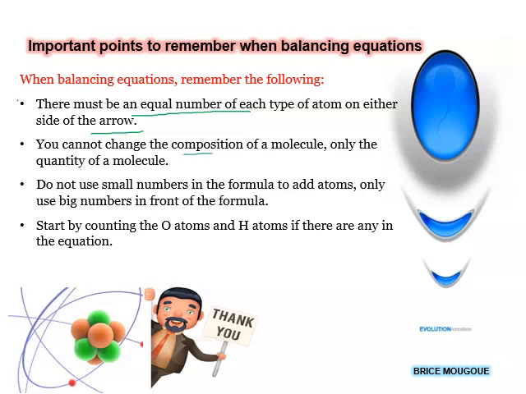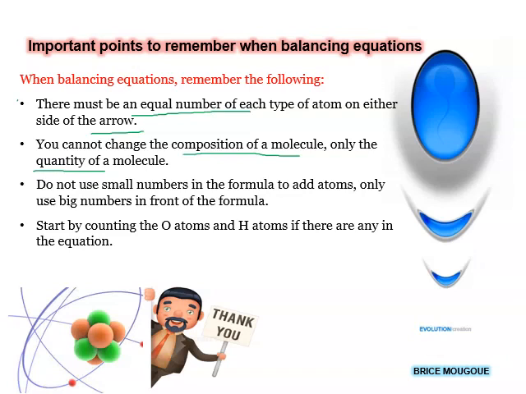Again, you cannot change the composition of a molecule. That's why we didn't just add an oxygen atom in that water molecule. It would have given us a whole new compound, which is hydrogen peroxide, which has no property of water. So we rather only change the quantity of a molecule. We rather add another water molecule if we want to balance the equation.